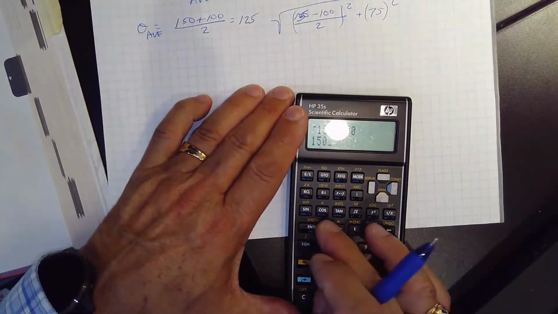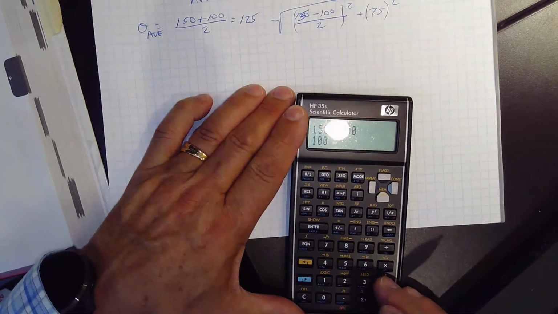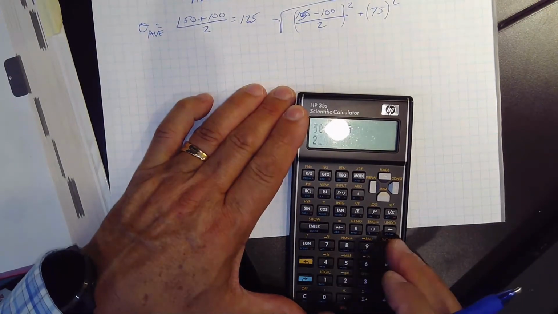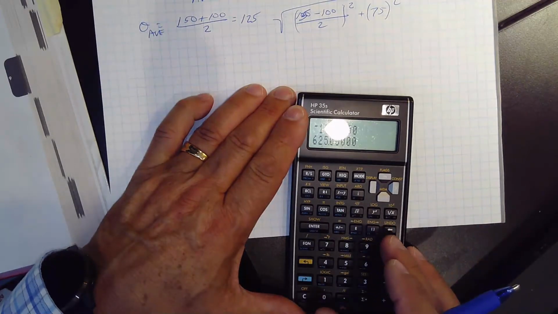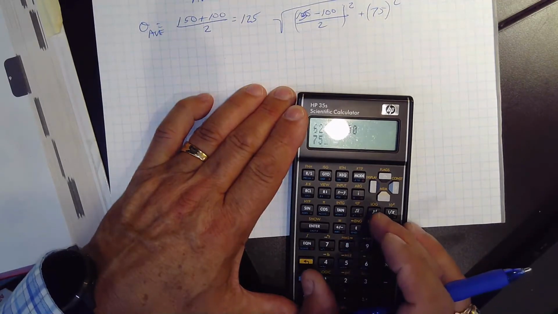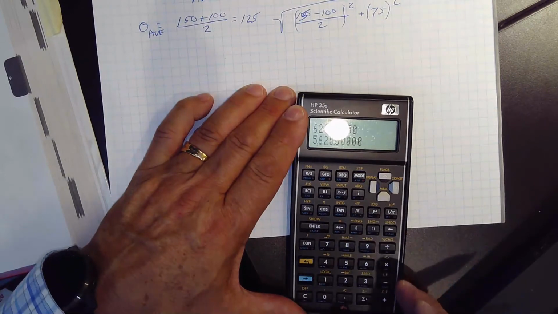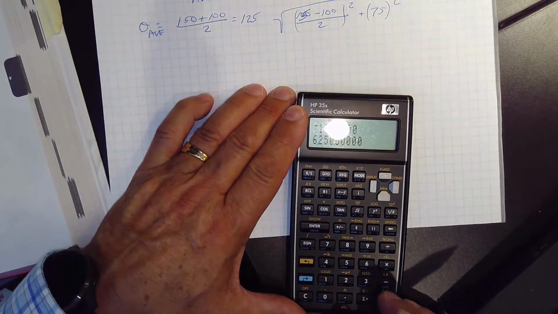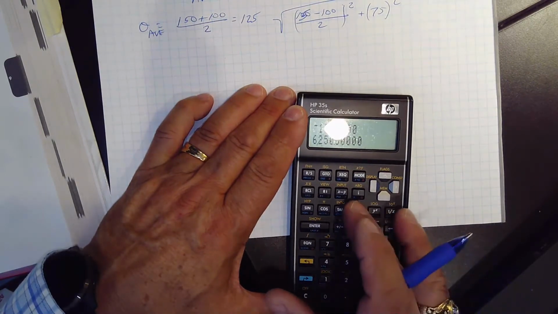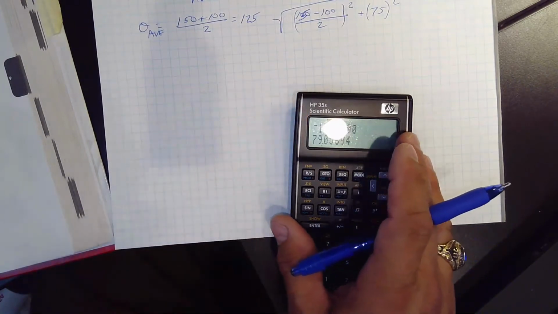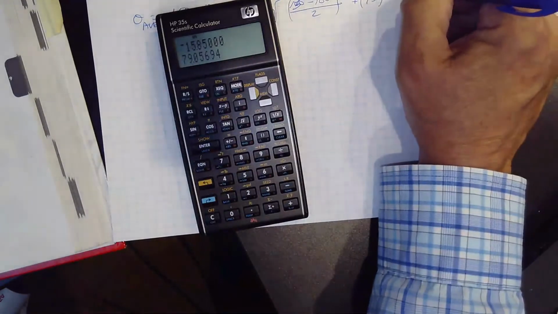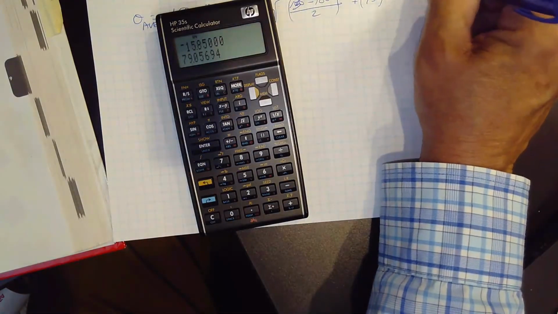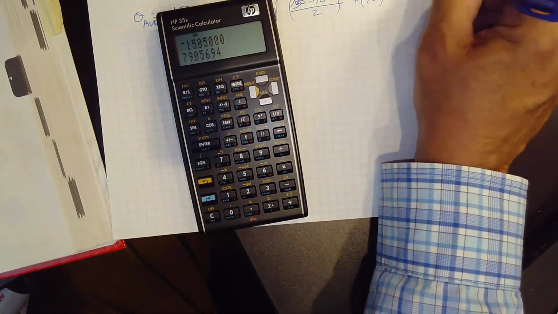So 150 minus 100 is 50, divide by 2. We square that. Then we take 75, we square it, we add those together, and we take the square root. And you get 79.06, so 79.1.